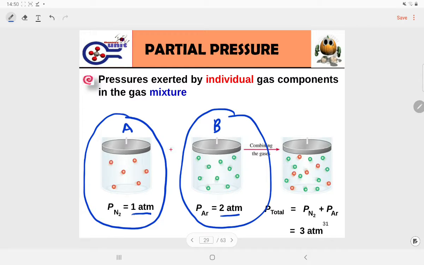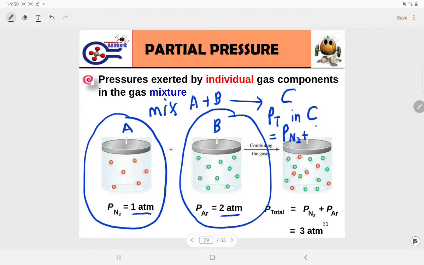Then I decided to mix the gases in A with the gases in B in a new container, vessel C. So the total pressure of gases in C is equivalent to the partial pressure of nitrogen plus the partial pressure of argon.